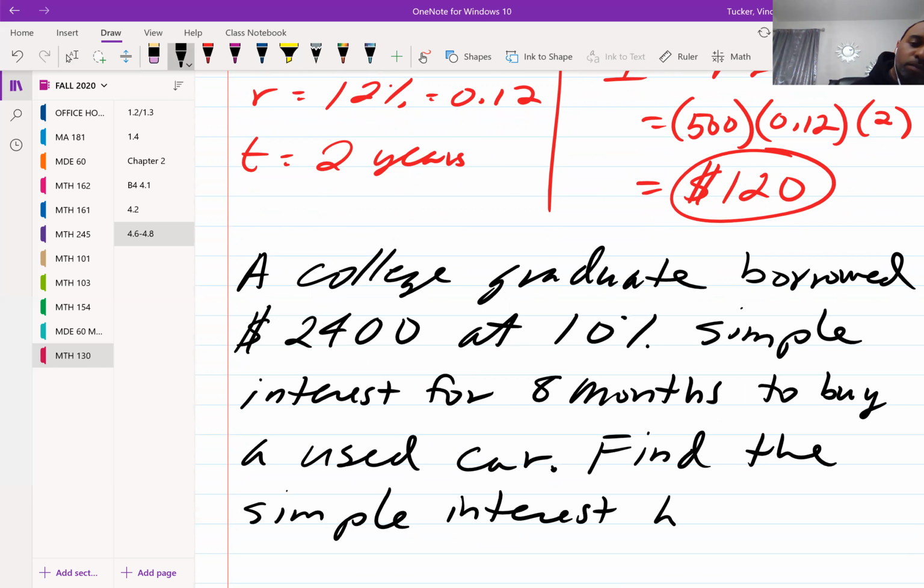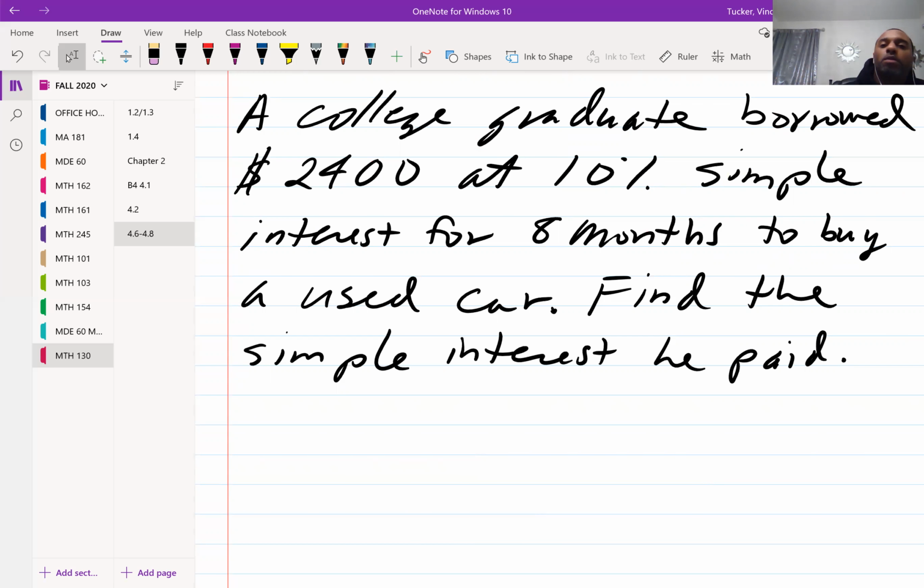All right, so here we have a college graduate who borrowed $2,400 at 10% simple interest for 8 months to buy a used car. Find the simple interest he paid. I'll give you a chance to write it. I always say start off with the givens.